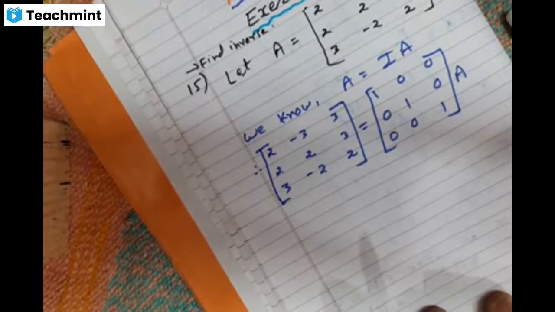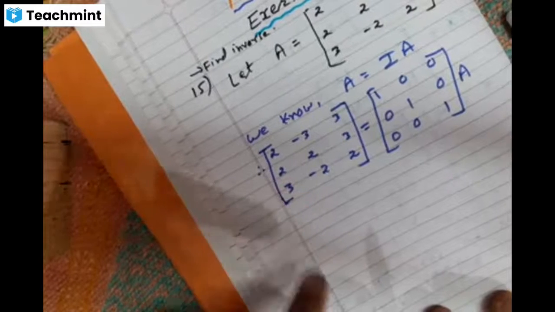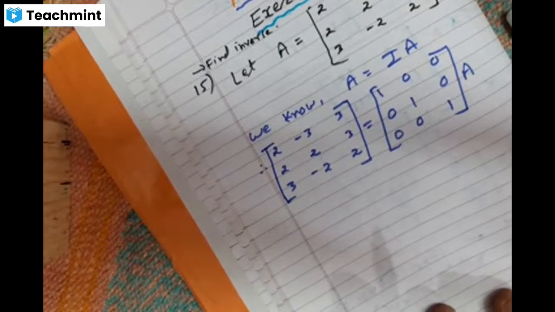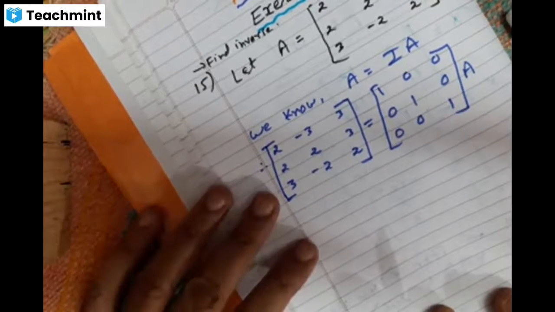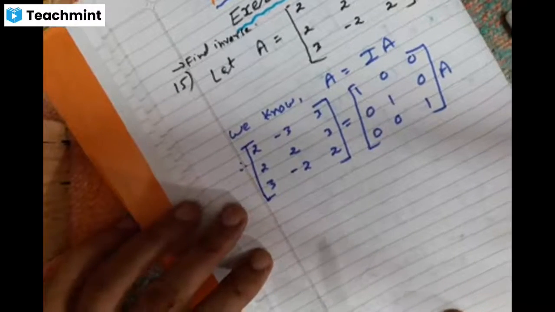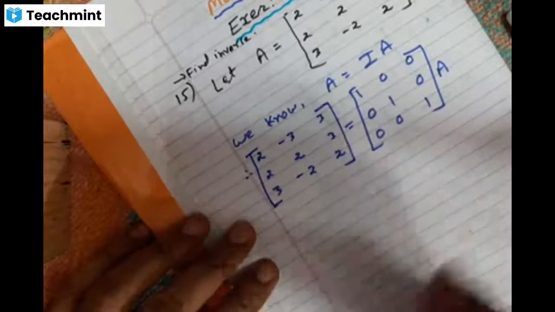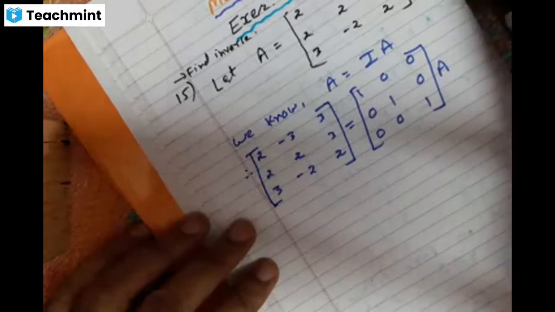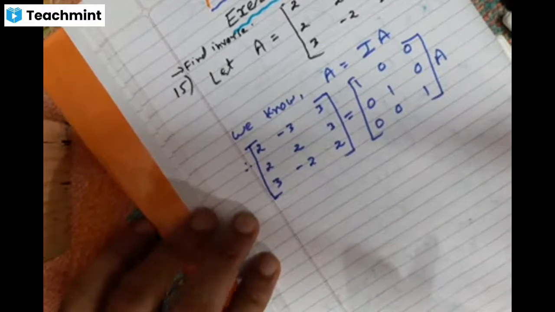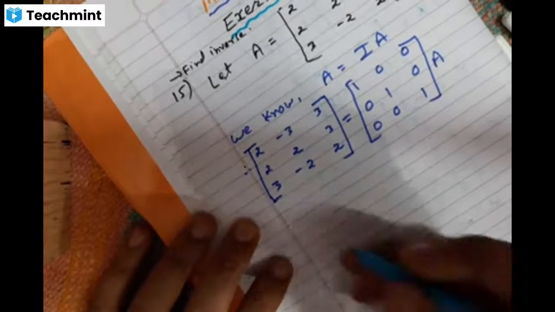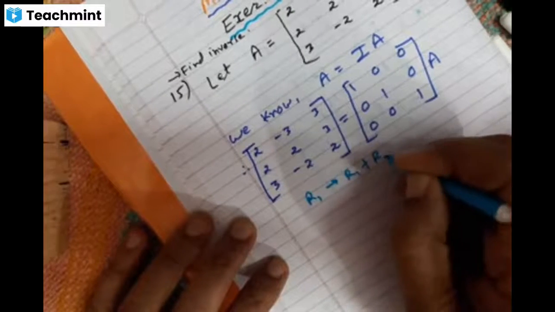You can think of your own, because to find the inverse with elementary operations there are so many different ways. Each person can think differently, but the final answer will be the same. No issue. If you want to try your own, try it and see. So the first step, what I am doing, what comes to my mind, is that first of all I will do R1 goes to R1 plus R2.